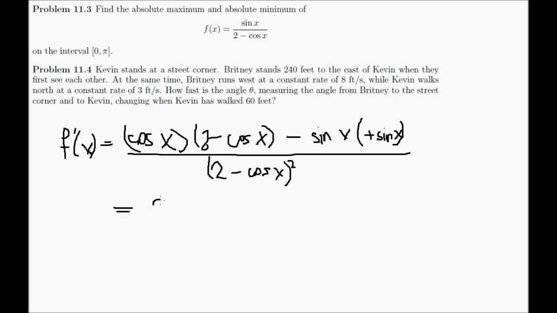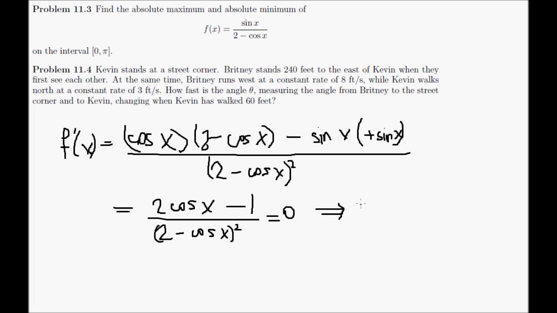So that'll be equal to 2 cosine of x, then I have minus cosine squared minus sine squared for minus 1, over 2 minus cosine of x quantity squared equals 0.